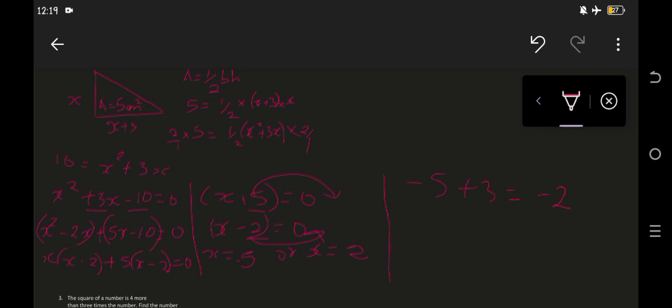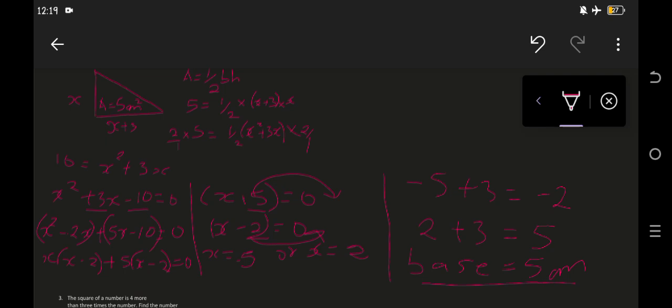But that is not possible to have a negative as a length. So you will take x is equal to 2, so that you will have 2 plus 3 is equal to 5. Therefore, the base is 5 centimeters. And the height, of course, is 2 centimeters.